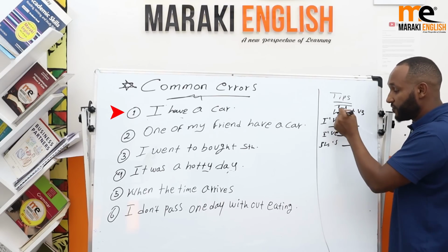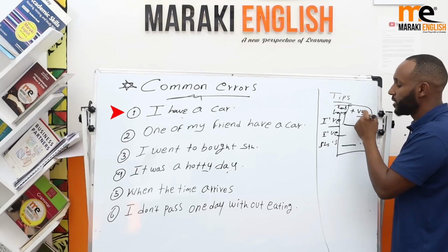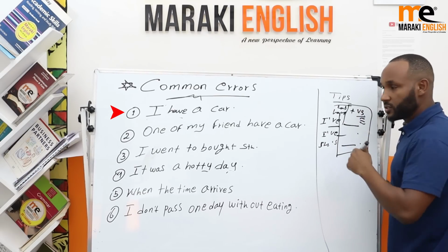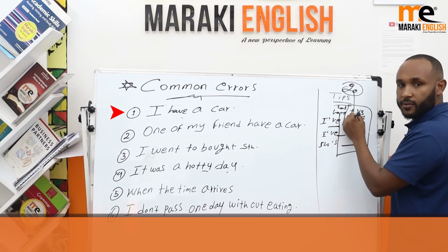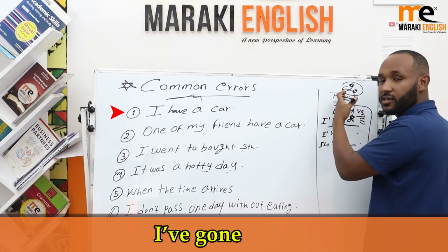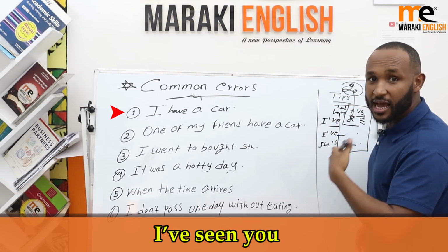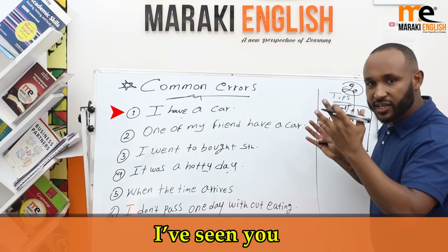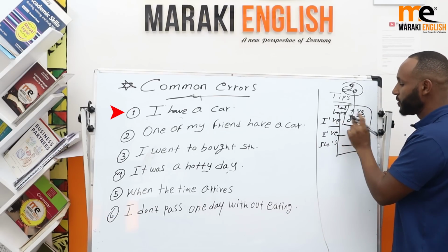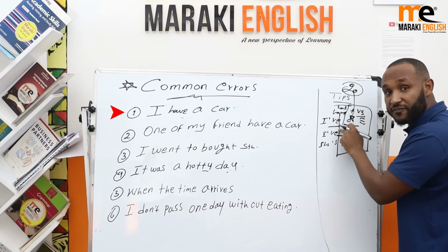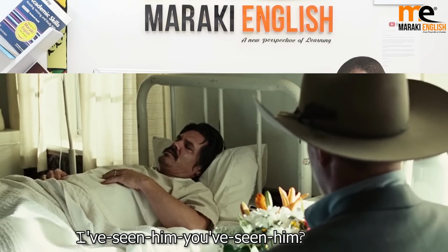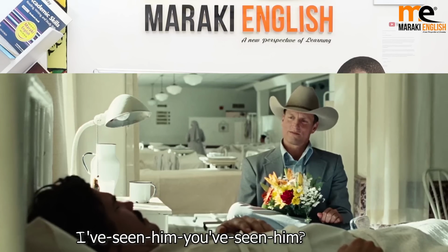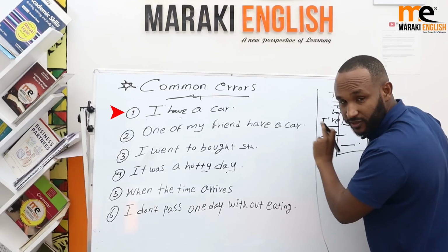But after that, if you contract it, make sure you follow it with the verb 3. So if you have go, you say what? Gone. I've gone. Very good. If you say see, I've seen it. I've seen you. I've done it. Whatever word you have, make sure you put verb 3 after you say I've. I've seen you on TV. I've seen him. You've seen him. I've seen her. That's the first one.